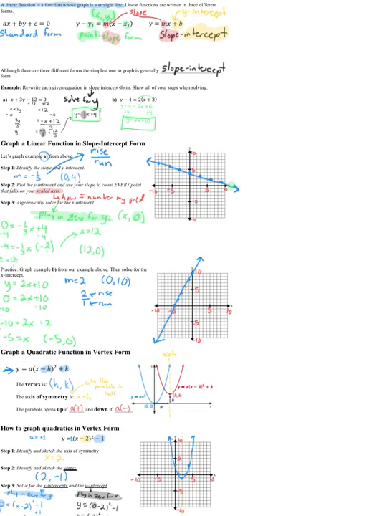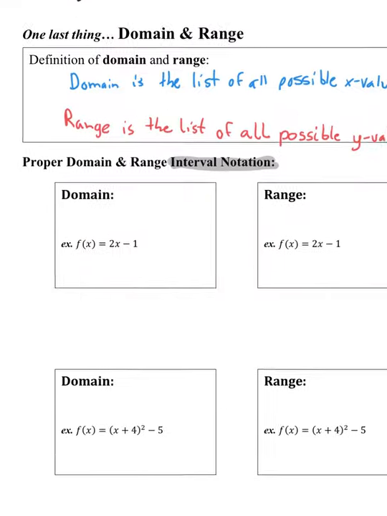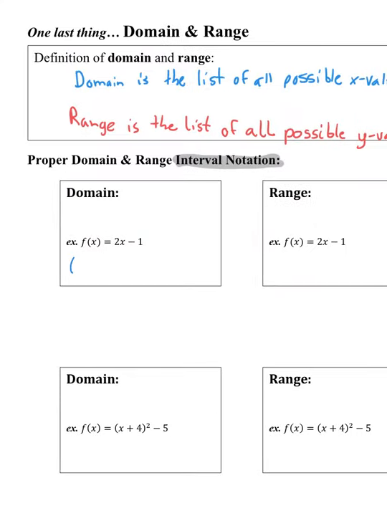Okay, so scroll down. So for this one, any linear function, I can actually just say -infinity to +infinity. I can always go all real numbers on domain for this. All right, and we write parentheses and brackets when we're doing interval notation. You guys might remember this. You've seen it before, hopefully.